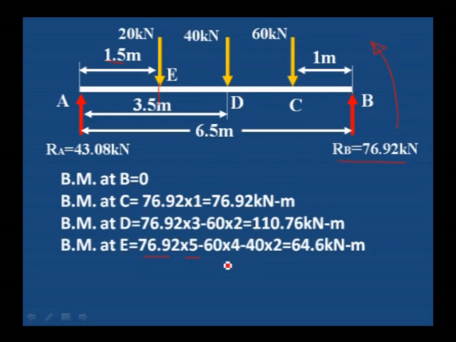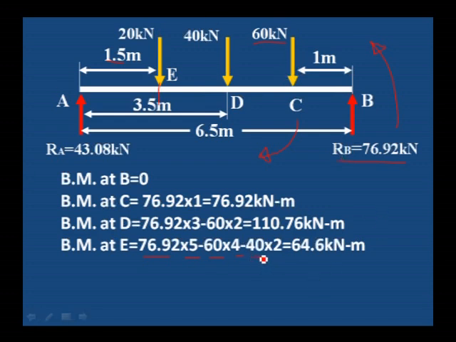Then 60 kilonewton into distance from C to E, this is clockwise. C to E is the total distance 6.5 minus 1 meter, that is 5.5 minus 1.5, 4 meter. The distance from E to C is 4 meter.